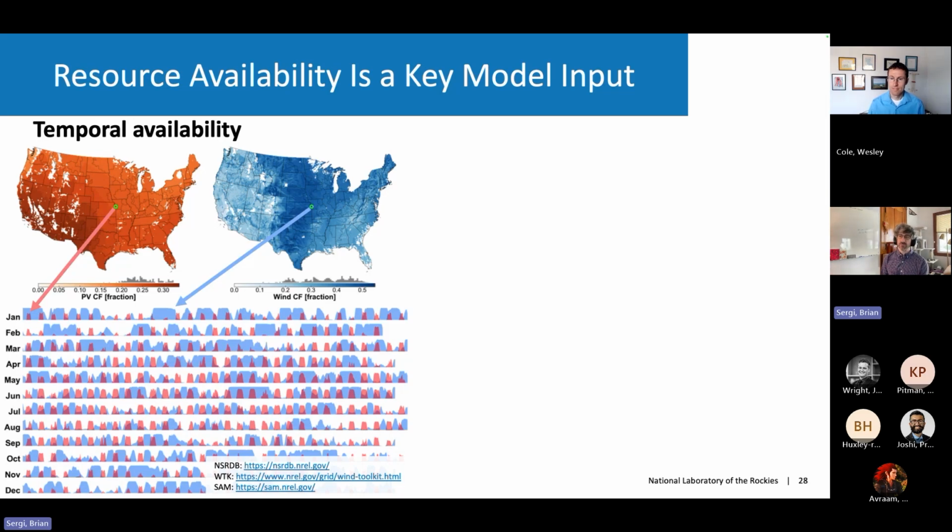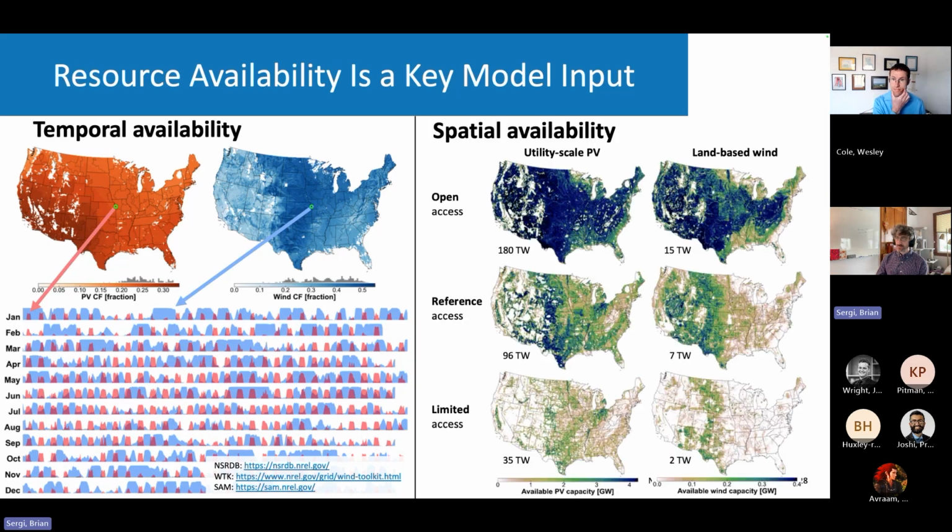So that generation profile with explicit temporal resolution is a really important feature when the model is determining what it needs to build to serve load and meet all the resource adequacy requirements for the system.